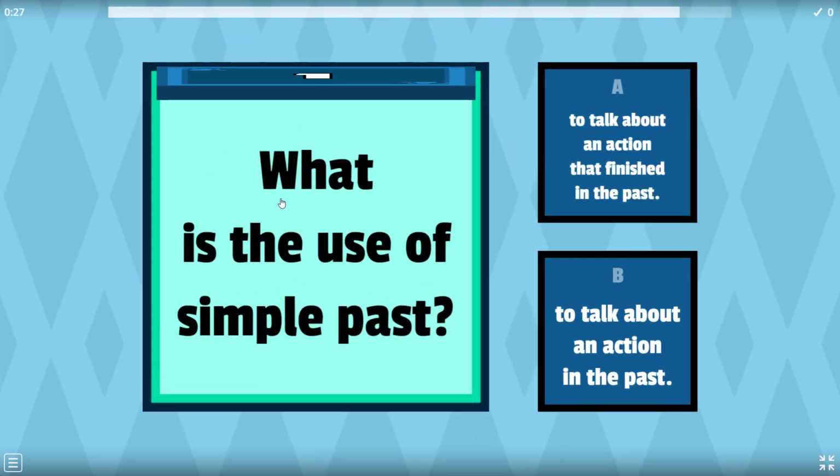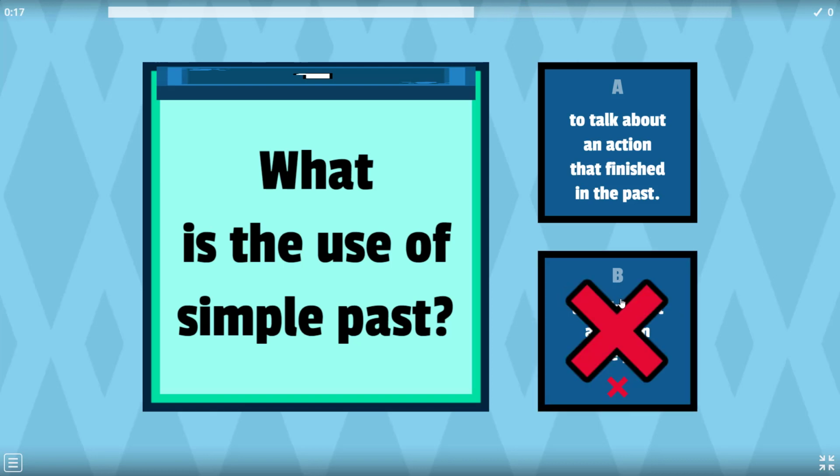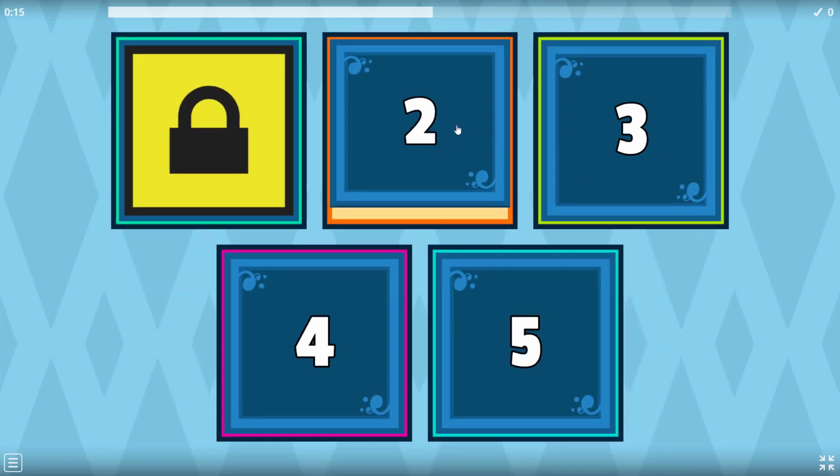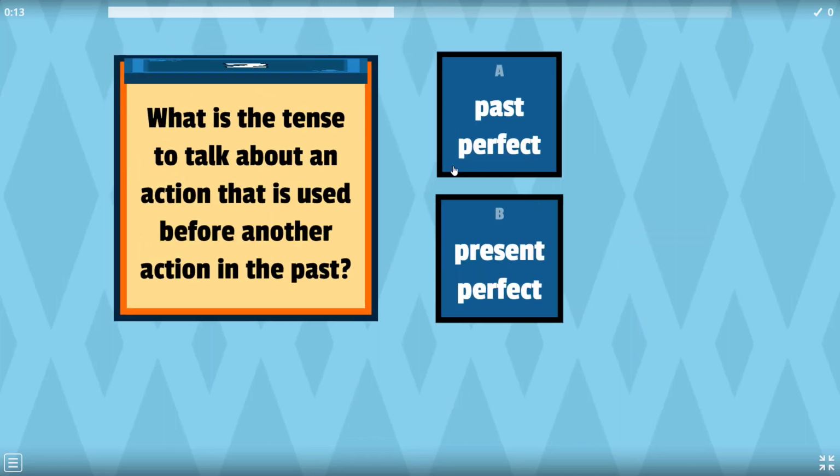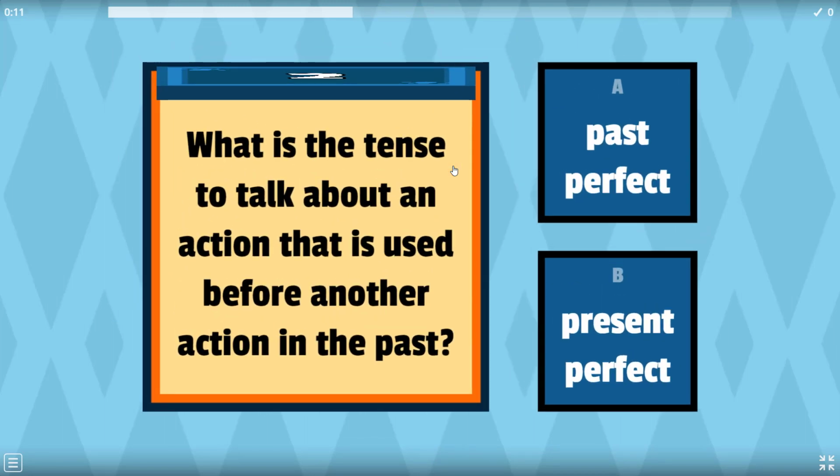What is the use of simple past? To talk about an action that finished in the past. Oh, now that's wrong, it's A. 2. What is the tense to talk about an action that is used before another action in the past? As in the video, that is the past perfect.